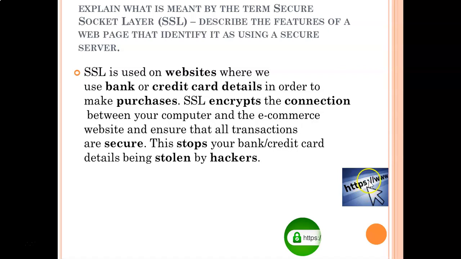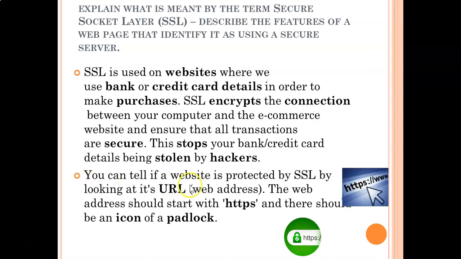So the S stands for secure. Also, if you look to the left of HTTPS, somewhere in that URL bar, you might get a padlock symbol that also shows that your website is using SSL protocols.